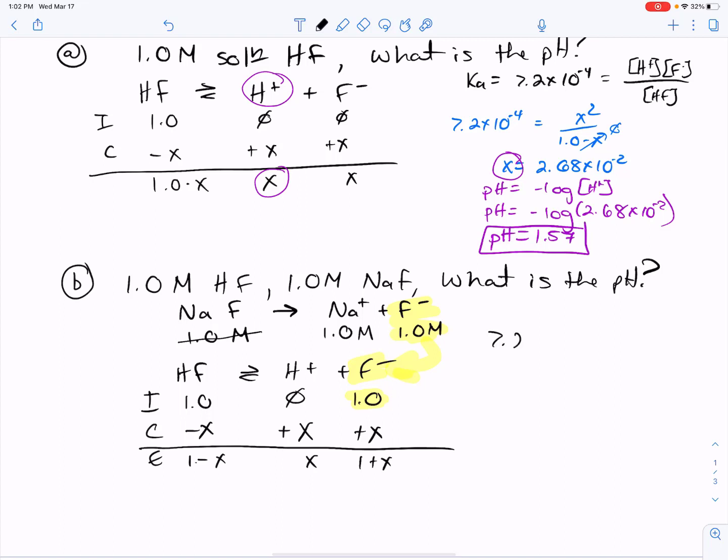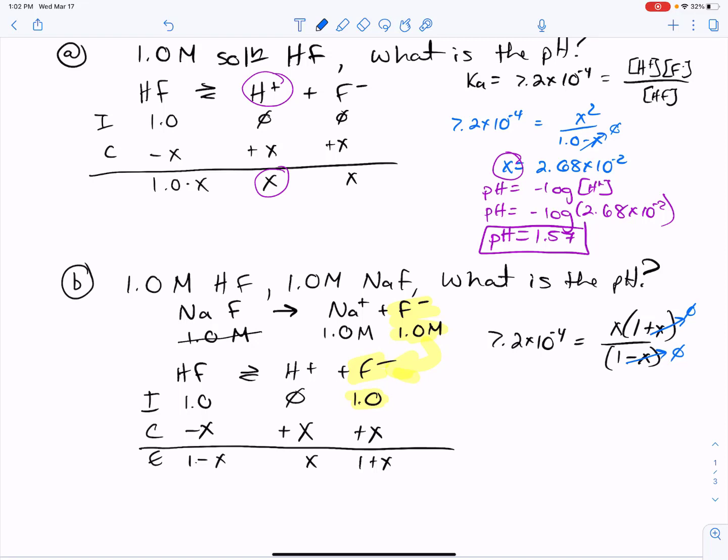I can plug all that now into my equilibrium expression, and I end up with X times 1 plus X all over 1 minus X. Now before I had made the assumption that my X could go to 0 in the denominator, I still can do that. But on the top, my numerator here can actually go to 0 as well. Why?